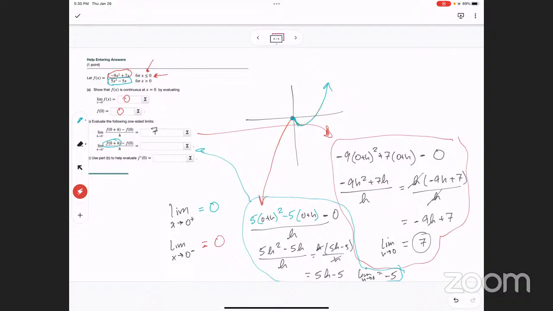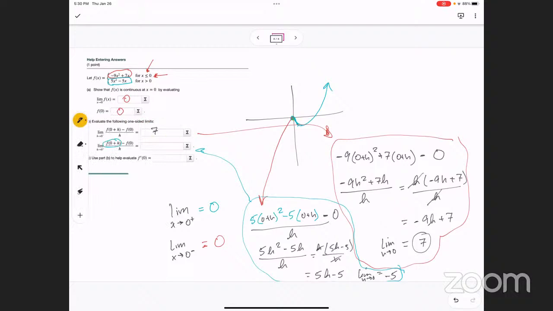So let me explain how that happened. Look at that blue line. Here's the blue line right here. I'm tracing the blue one. If that were to continue, it would be going up like this, right? And what would the tangent line look like at that point? It would be going this way.